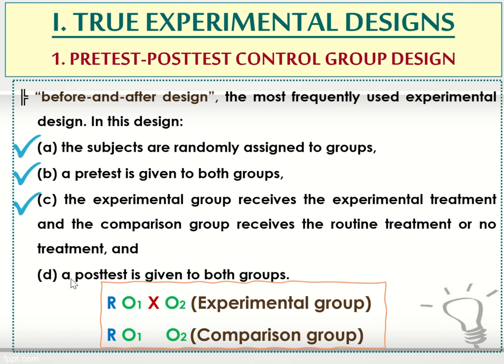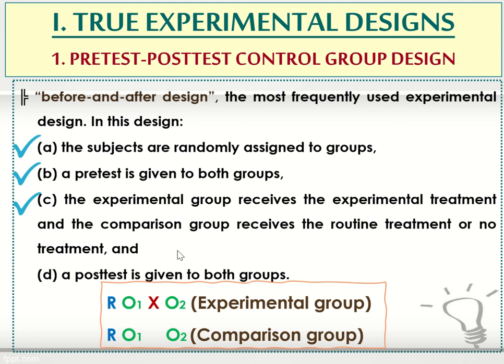And then a post-test is given to both groups as indicated by this O sub 2. So after magbigay ng treatment or mag-withhold naman sa comparison group, inobserve natin uli sila pareho using a post-test. That is a pre-test, post-test control group design.